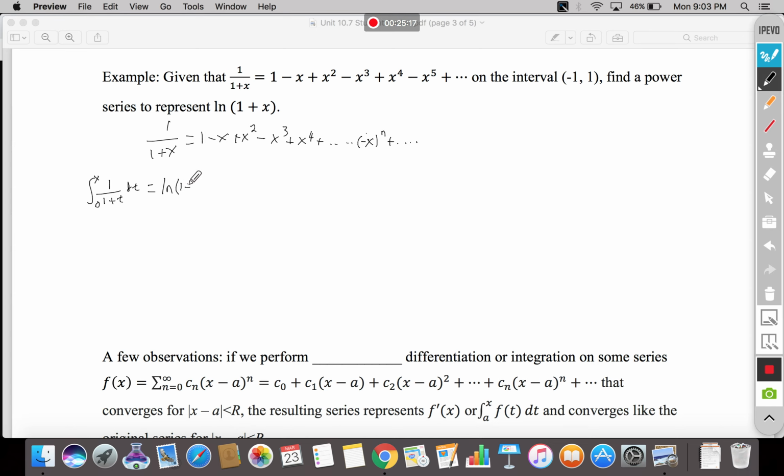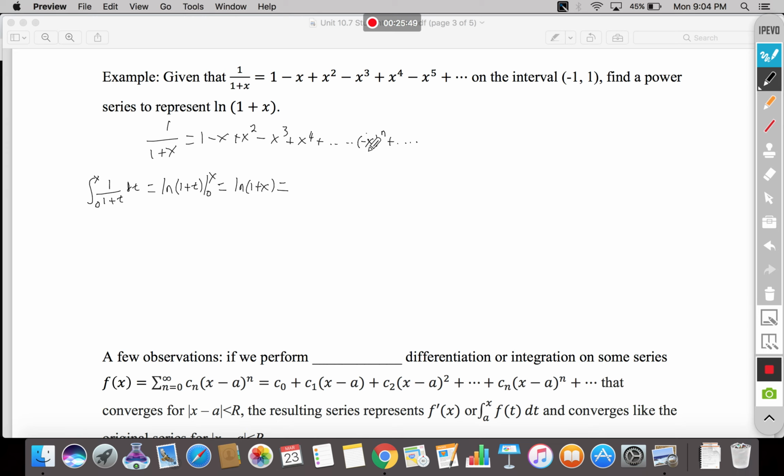So I'm taking care of integrating just this part to get this, which is going to be equal to, when I plug in x, natural log of 1 plus x minus the natural log when I plug in 0. When I plug in 0, I get natural log of 1, which is 0. So there we go, natural log of 1 plus x. That's what I wanted to get to. Equals. All right, now I need to do probably the same thing over here, right?